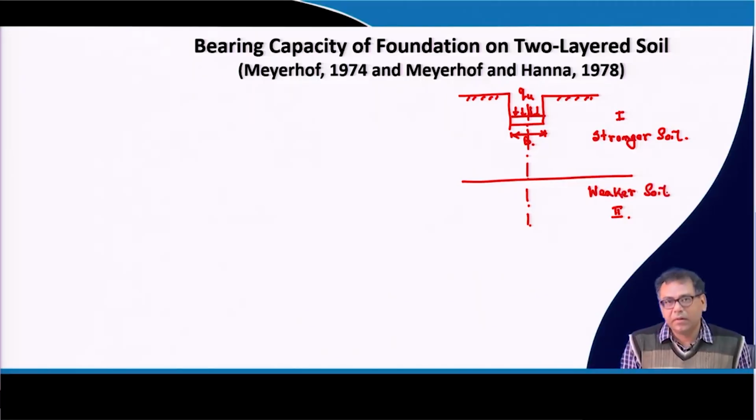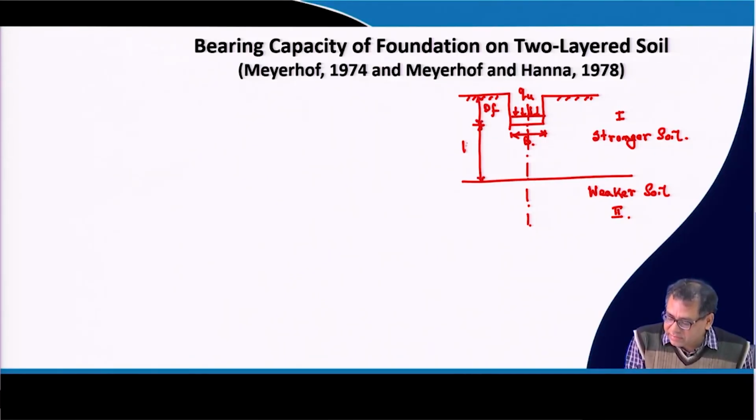Okay. So, what will happen? As your lower layer is weaker, now if this is your depth of foundation df and this h is the thickness of the stronger layer below foundation. Okay.